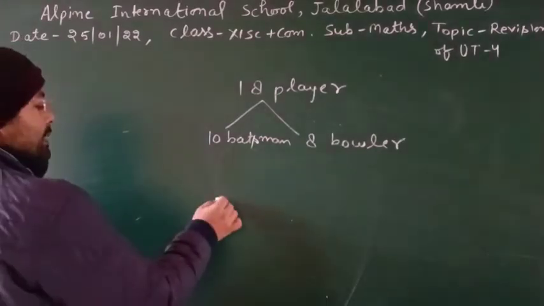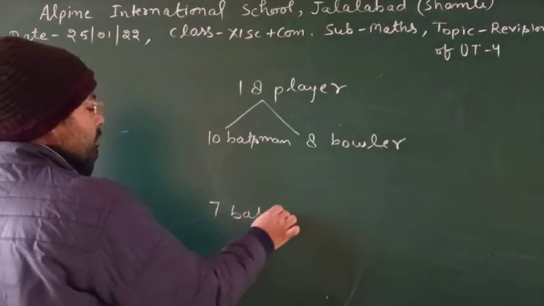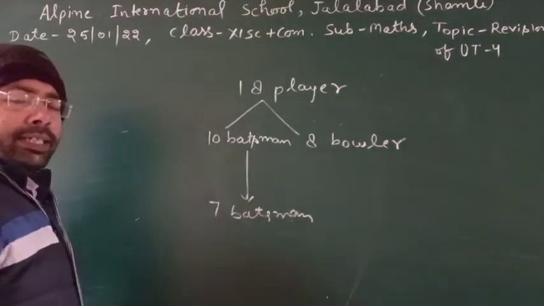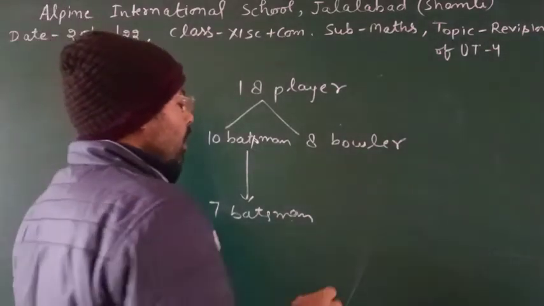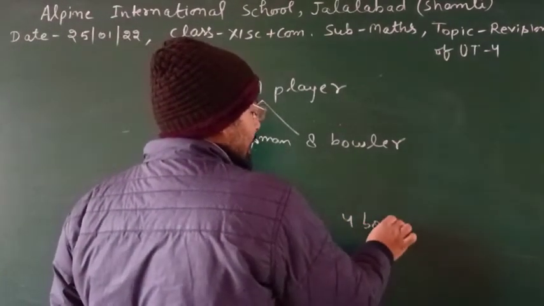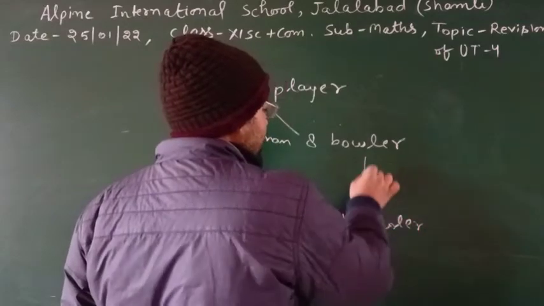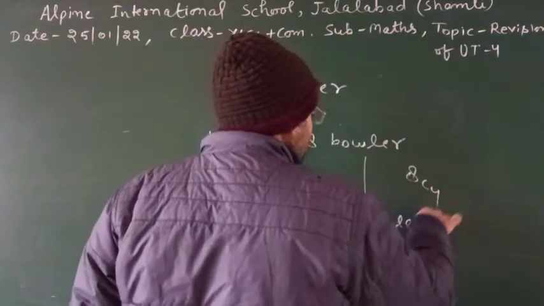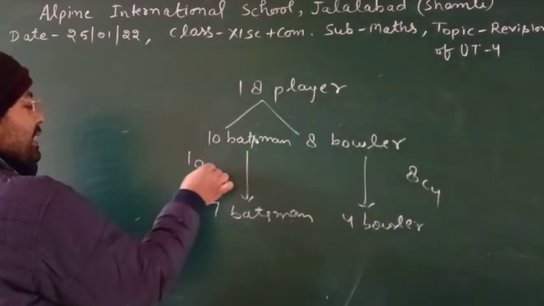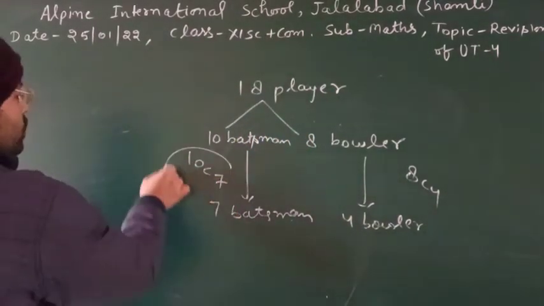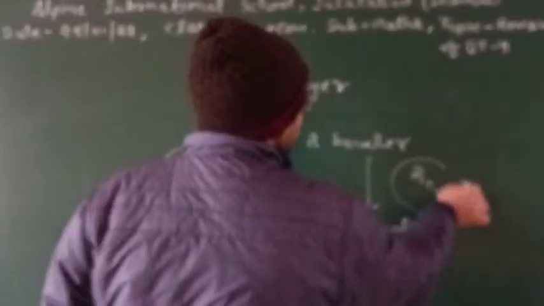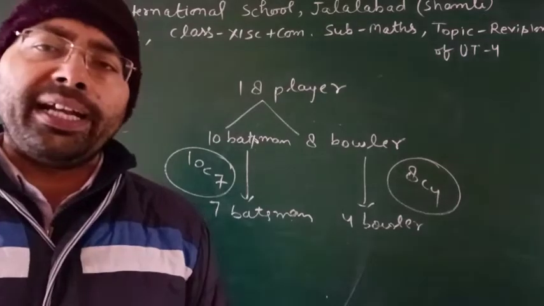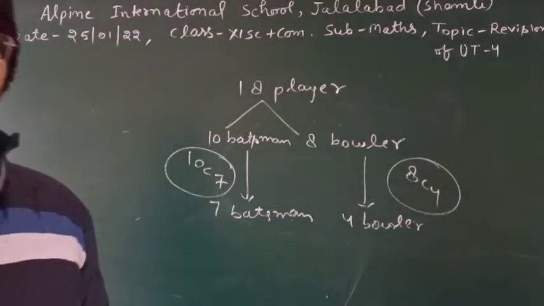So 7 batsmen can be selected out of 10 batsmen and 4 bowlers can be selected from the 8 bowlers with the help of 8C4 and with the help of 10C7, and these two are totally independent to each other. Means the selection procedure of these events are totally independent to each other.